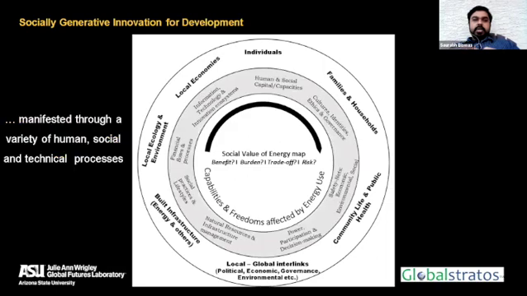Those intervening mechanisms are a variety of human, social, and technical processes that connect the interactions between agents and infrastructure services. These could be the human capital in a particular place, cultural identities, ethics, or these could be very concrete infrastructural mechanisms like financial flows and processes, or governance mechanisms, or information technology, markets, natural resources, right?